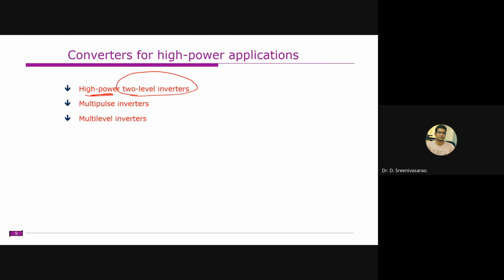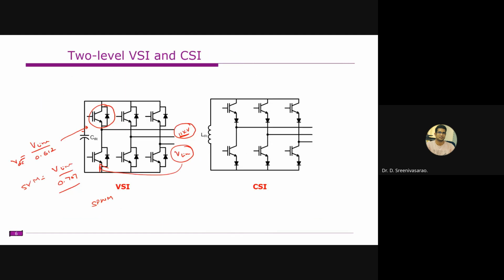Therefore, for your requirement, you need to connect several switching devices in series so that you will cater the required voltage. Similarly, if you want to increase the current rating, we need to connect several switching devices in parallel.